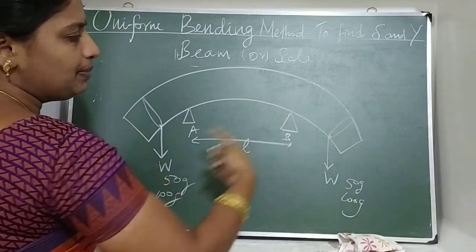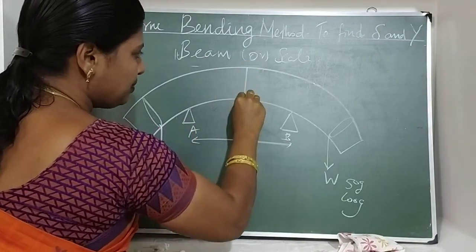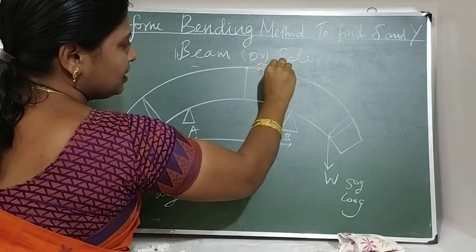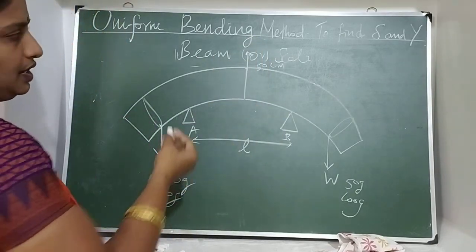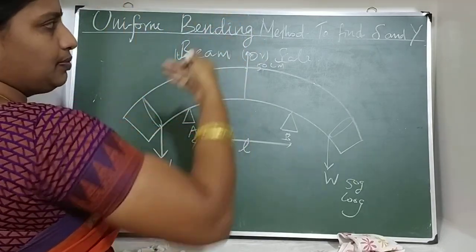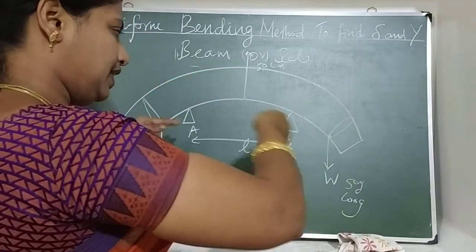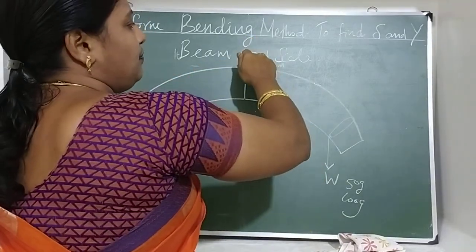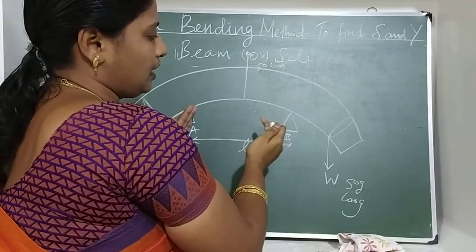For example, 50 gram mass and 100 gram mass equally, so both sides bend equally. At the midpoint, 50 centimeter, use a pin with a sharp edge and touch the horizontal line. On the opposite side, use a microscope for every load applied. As the beam bends, the upper surface is elongated and the lower surface is contracted or compressed.